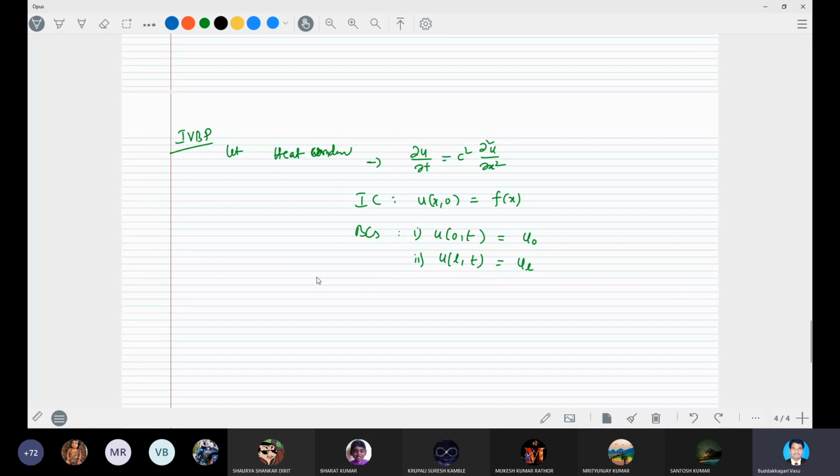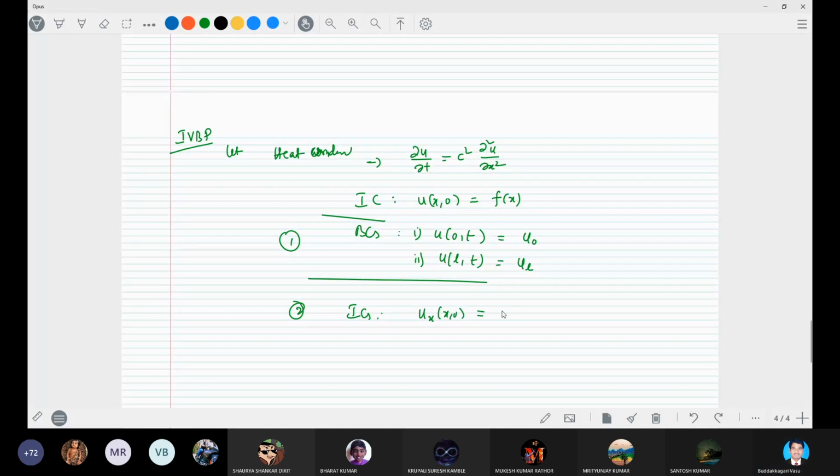So this is the structure of the initial boundary value problem for solving the heat temperature distribution with an initial condition. This is one way of boundary condition, the first case. There is a second case also, right? What is the second case? The derivative of u may be given.